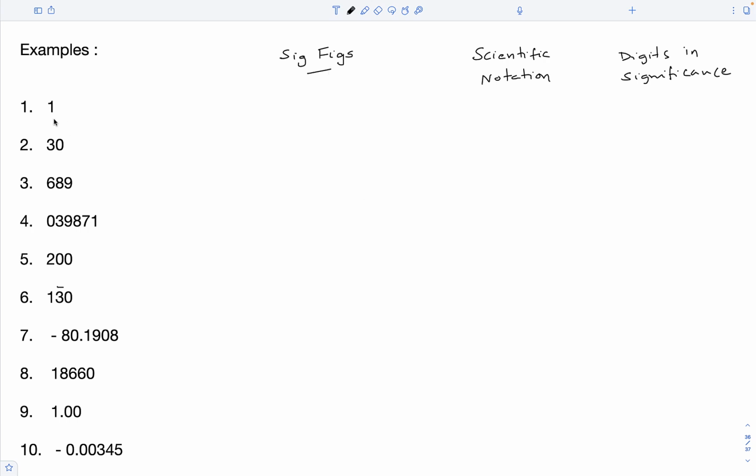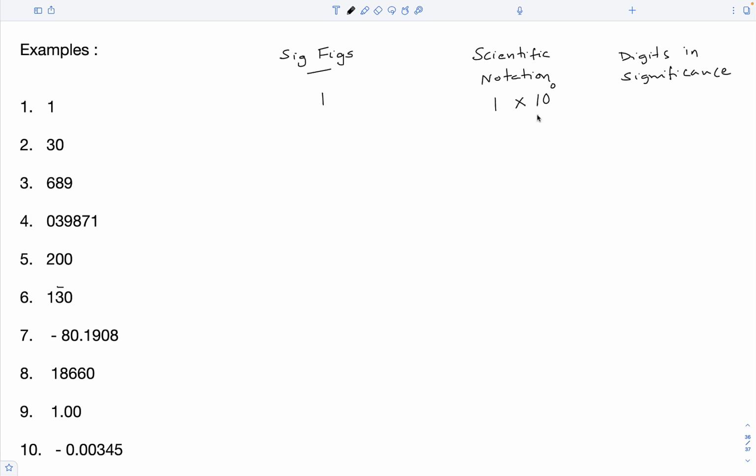In the first measurement, we have the number 1, and you know it has one significant figure. And how do we convey the same by using scientific notation? I think we can write it as 1 multiplied by 10 to the power of 0. You know 10 to the power of 0 is 1. When you multiply 1 with 1, you will get back your original measurement.